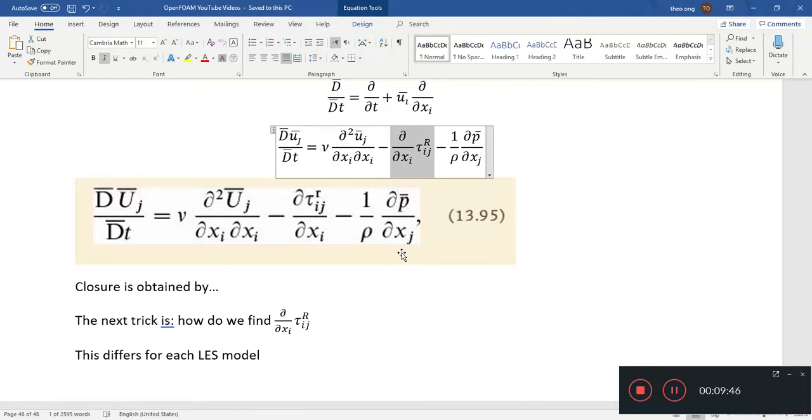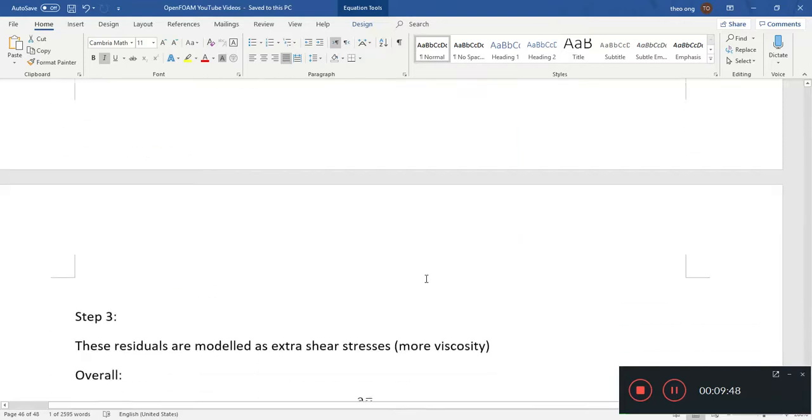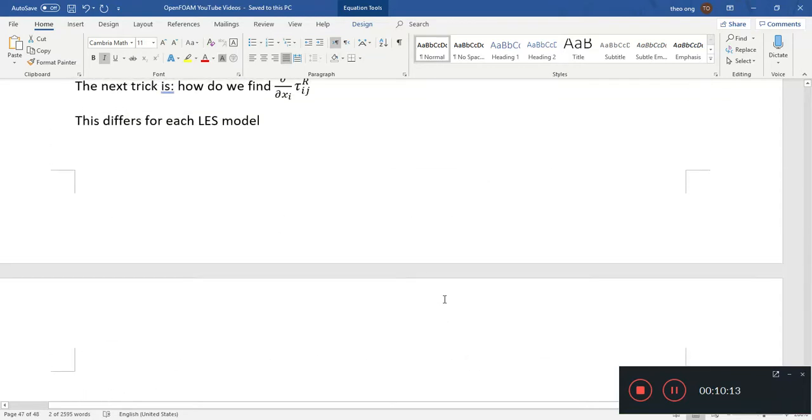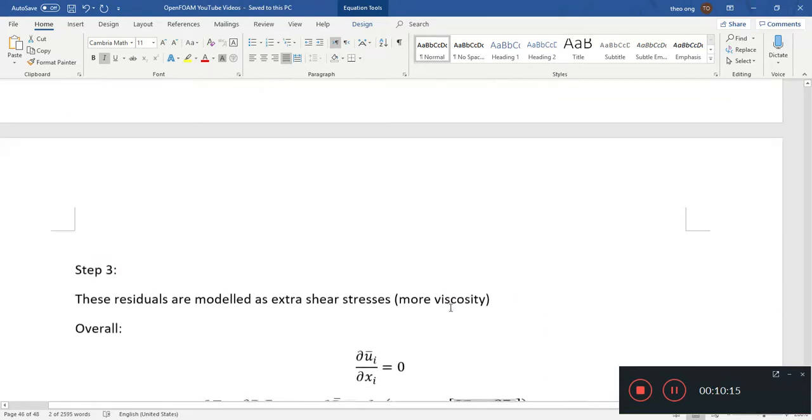And the most common, easiest way is to model this extra shear stress. This is step 3, of course, of doing LES. Before we run our simulation, we model our shear stresses as extra viscosity. So we'll have this kind of thing going on here. Shear stresses are made in this fashion.